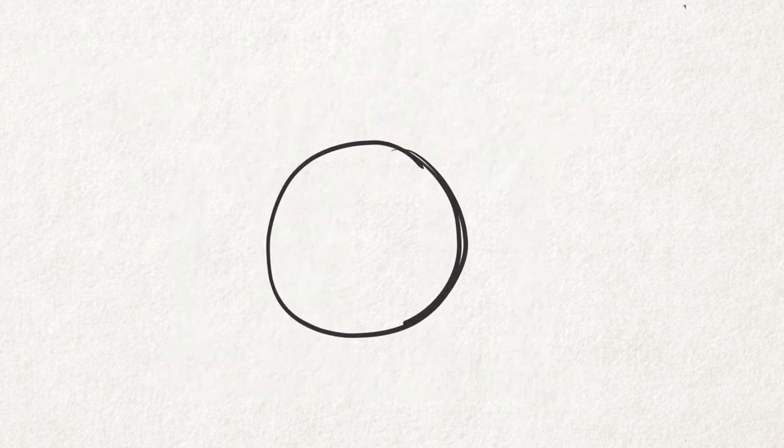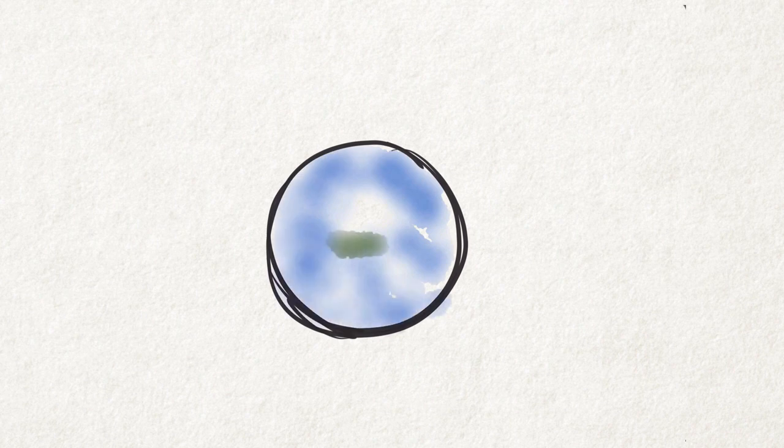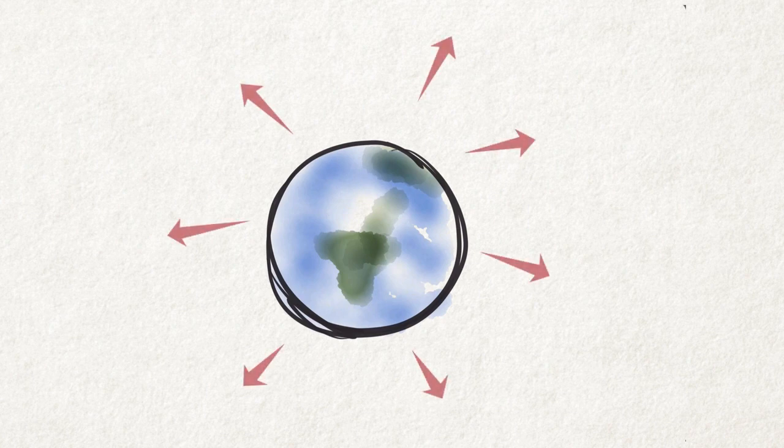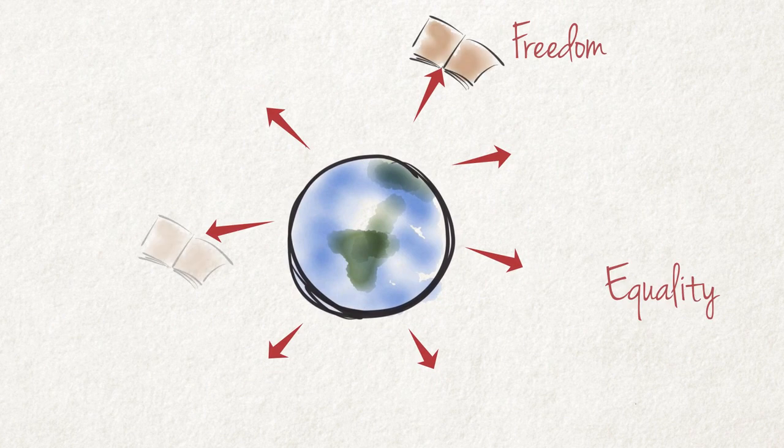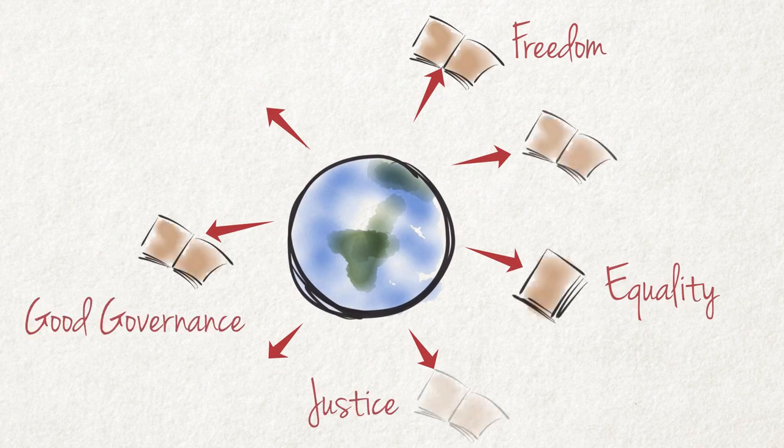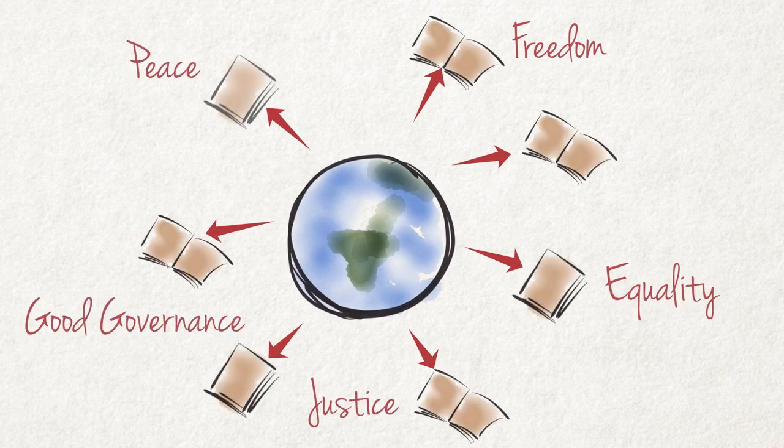South Africa chose to follow a worldwide trend by adopting a supreme constitution to guide society towards the establishment of a meaningful democracy in which the ideals of freedom, equality, justice, good governance, and peace can be pursued. The Constitution protects us against the abuse of power and contains a promise for a better future.